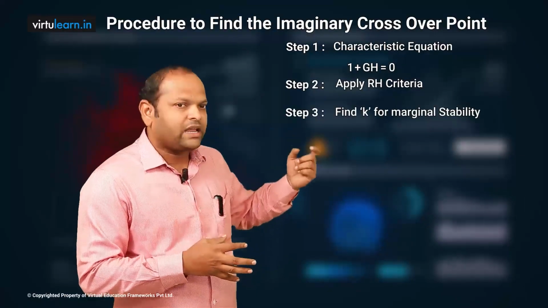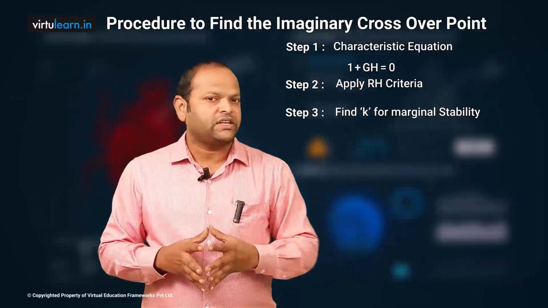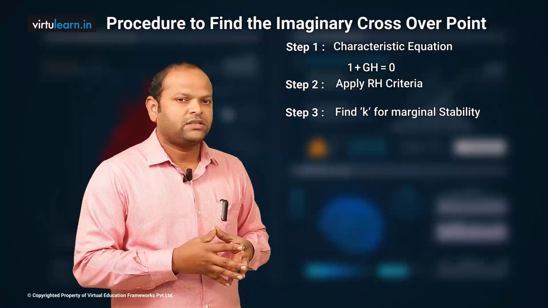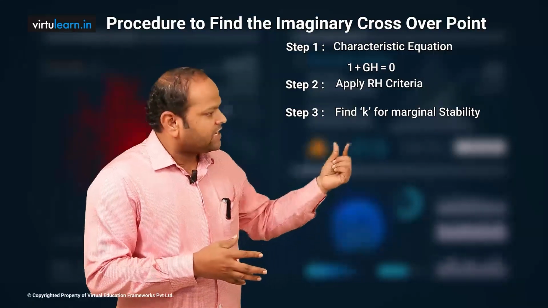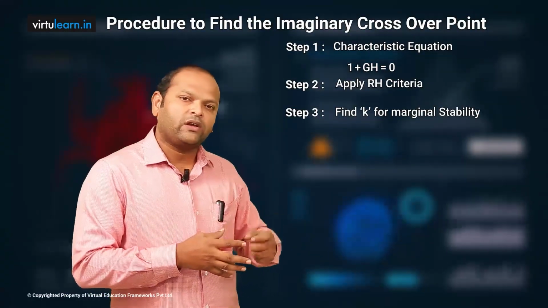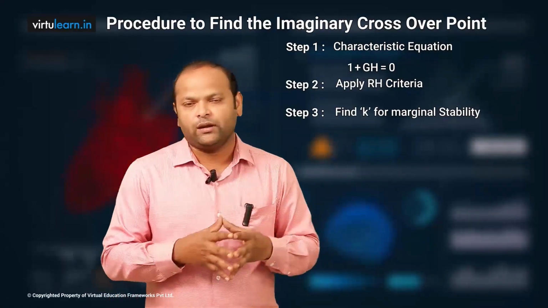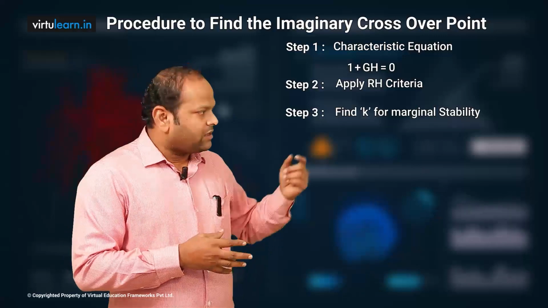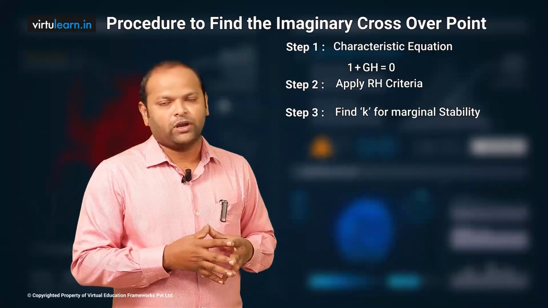Then calculate the K value such that the system gives a marginally stable condition. Means there must be one row which has all 0 elements. So we need to calculate the K value such that one row has all 0 elements. Then at that particular value of K, you will get the imaginary crossover point.